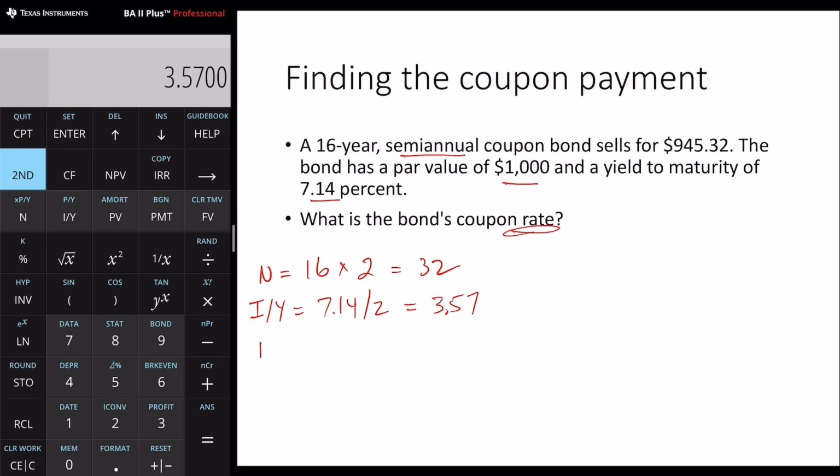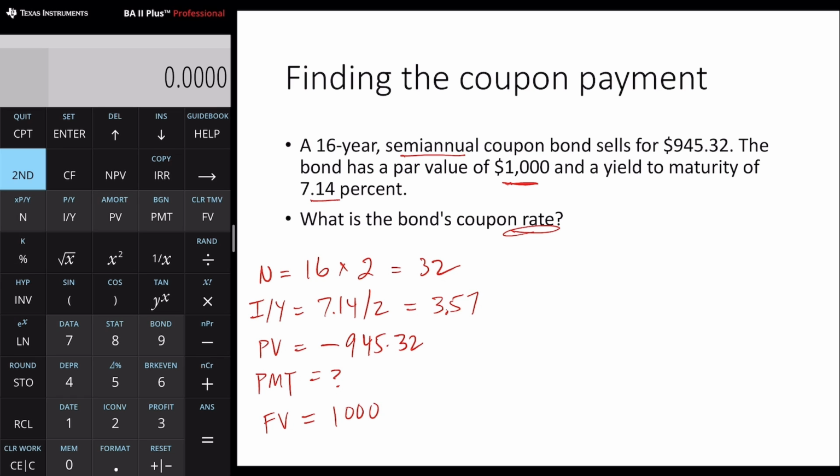And then we have our present value, which is what the bond is selling for, which is negative 945.32. Then we have the payment amount, which is what we don't know, but when we solve for it, it will be a positive number and it will represent what is paid every 6 months. And then the future value is the par value amount, which is 1,000.